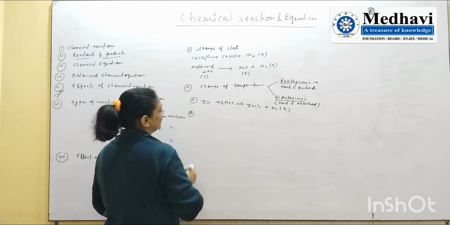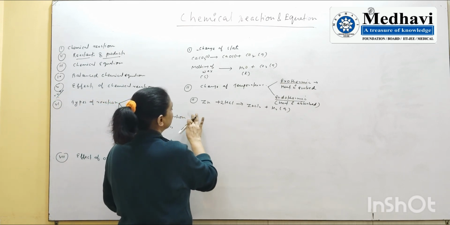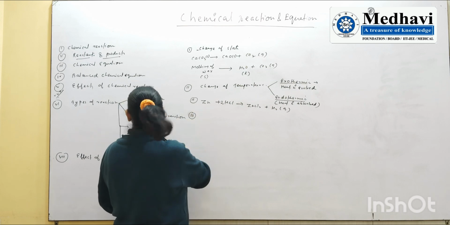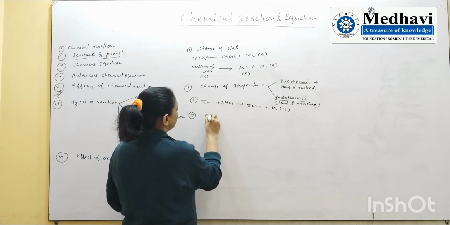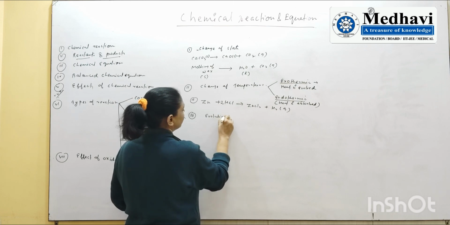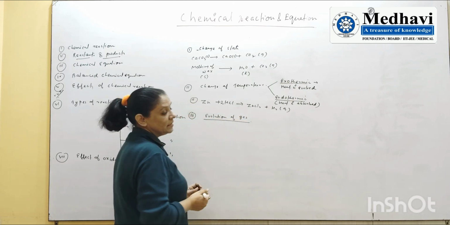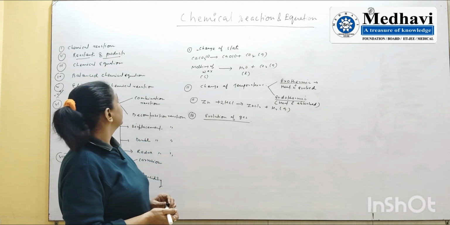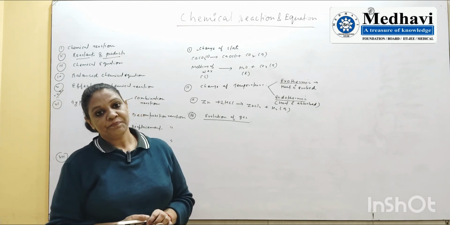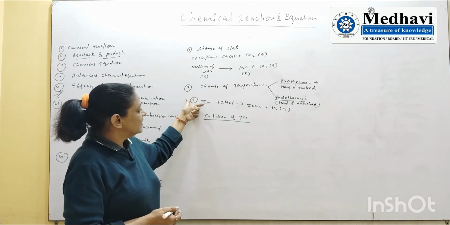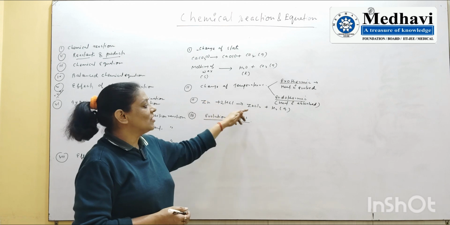Third important effect of a chemical reaction is evolution of gas. That means whenever a chemical reaction occurs, gas may be evolved. The first example I have given is an example of both evolution of gas and increase of temperature.